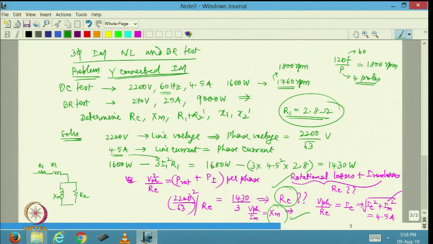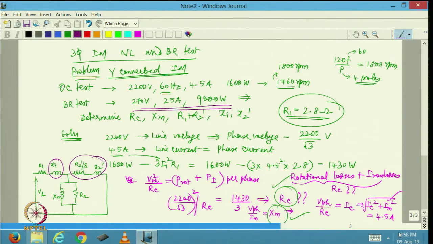Now, I have R2 dash divided by S, and I have to get X2 dash, and this is the equivalent circuit completely, with V1. So, I am yet to get R2 dash and X2 dash, for which I should be using the blocked rotor test data.